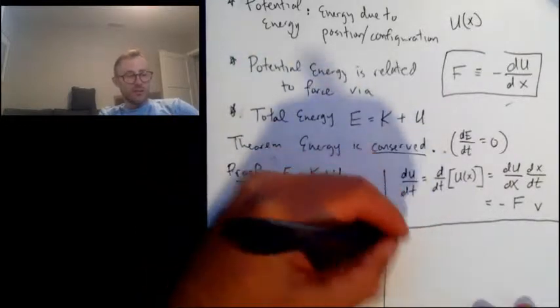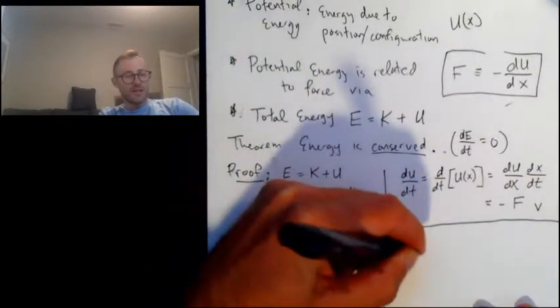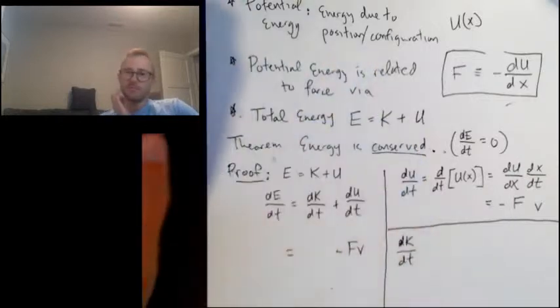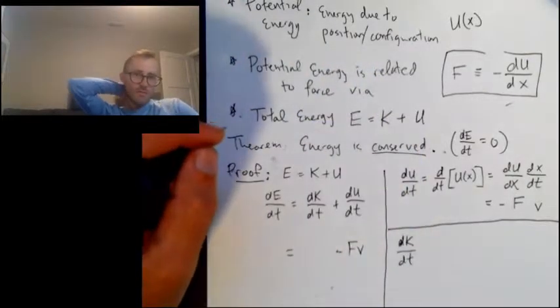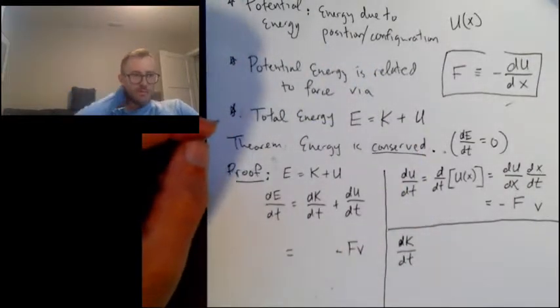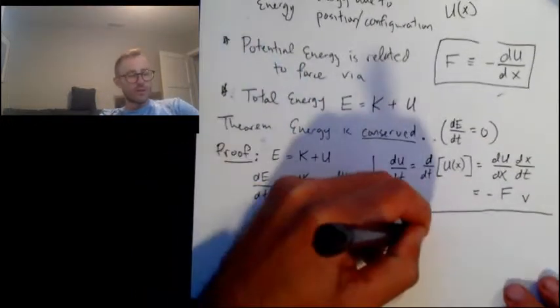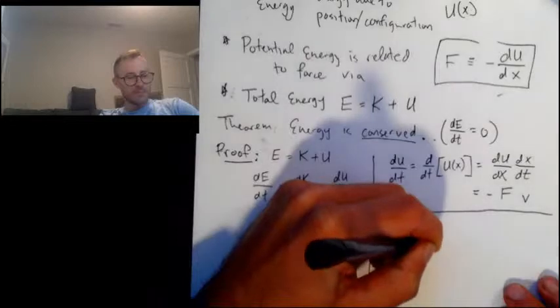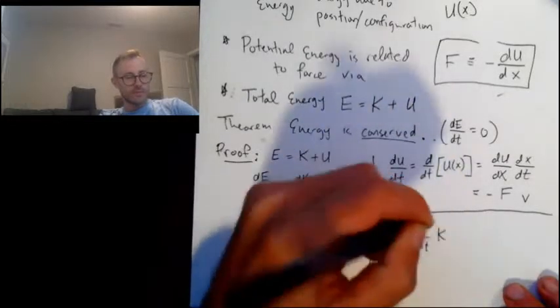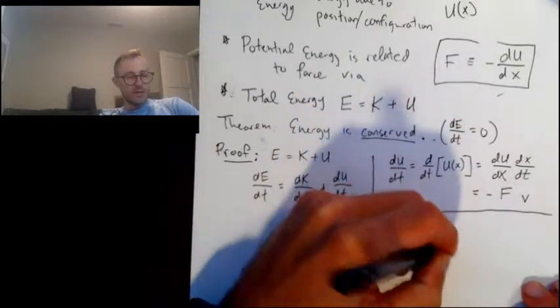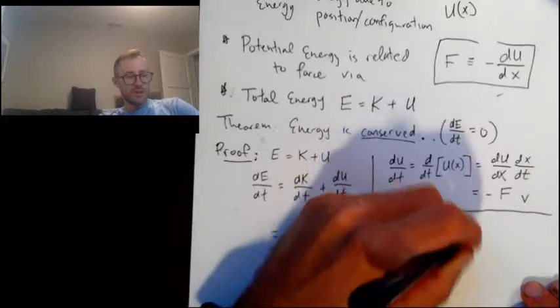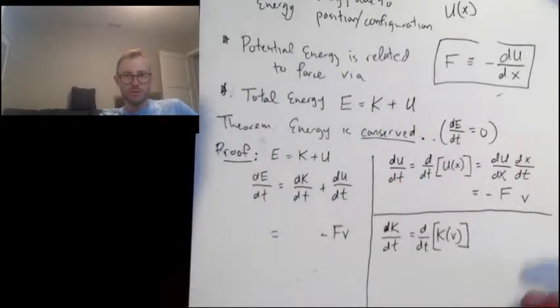So now let's do the derivative of the kinetic energy with respect to time. Well, the kinetic energy is a function of velocity. It depends on how fast you're going, not where you are.